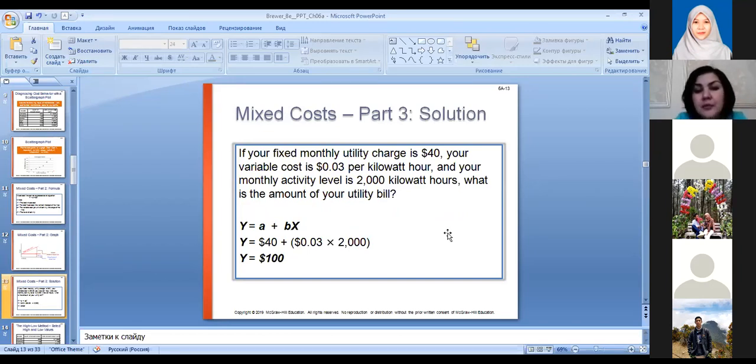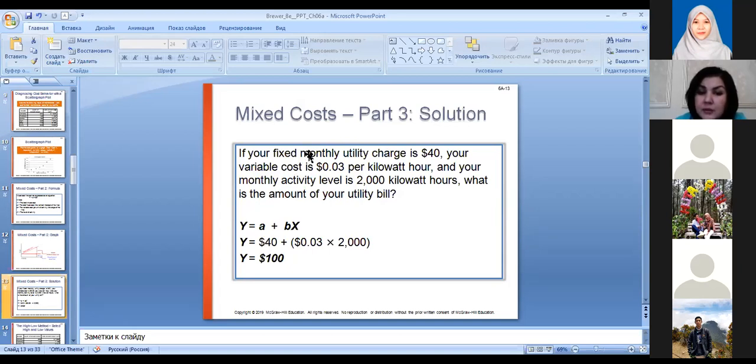For example, if your fixed monthly utility charge is $40, your variable cost is $0.03 per kilowatt hour, and your monthly activity level is 2000 kilowatt hours. What is the amount of your utility bill? So A is the fixed cost.